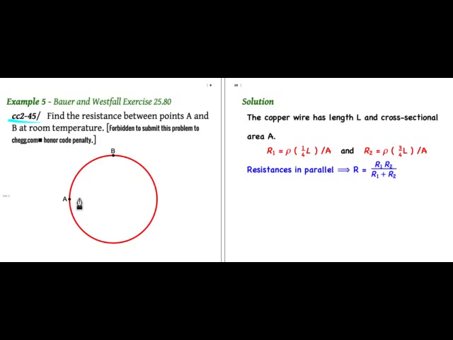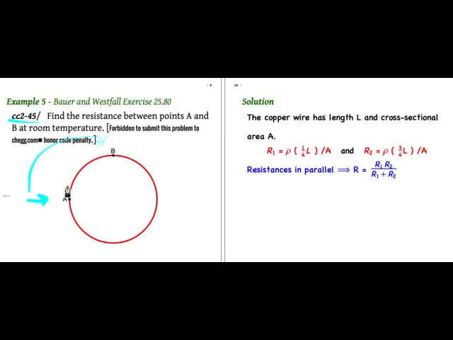And now you want to know what's the electrical resistance between points A and B at room temperature. So in other words, you're going to connect a battery at point A and at point B.